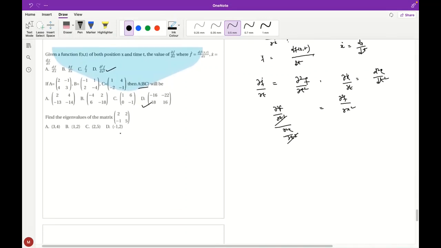Now come to the eigenvalues of this matrix. You know that the sum of eigenvalues equals the trace of the matrix, and the product of eigenvalues equals the determinant of that matrix.